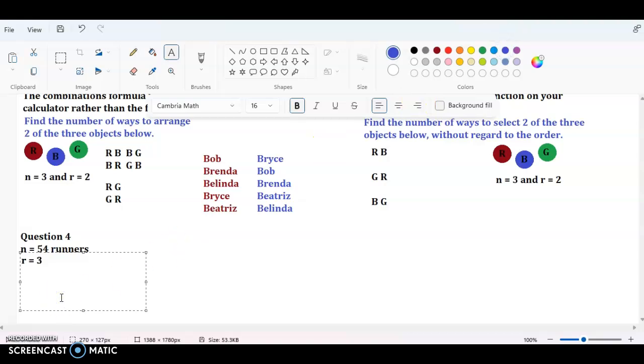Out of the 54 runners, there are 54 possibilities for first place, followed by 53 for second place. Once the first runner comes in first place, there are 53 more runners that can come in second place.